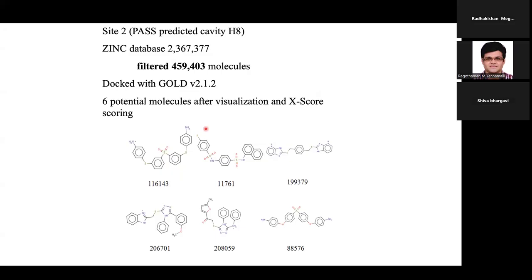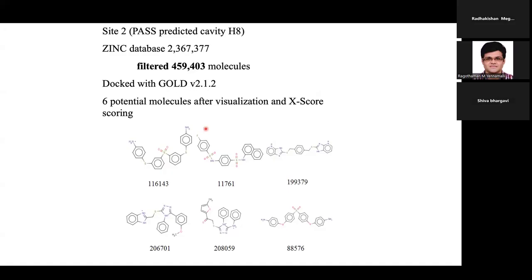For the second cavity, again, we went ahead with a much larger data set, and then we docked only with GOLD, because by this time we realized that the ranking or sorting of the highly ranked molecules in GOLD and in X-Score were almost comparable.